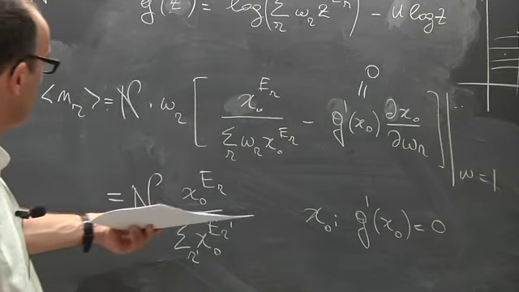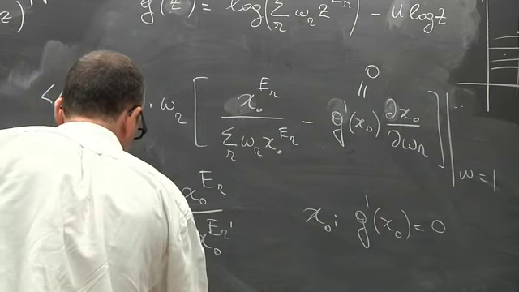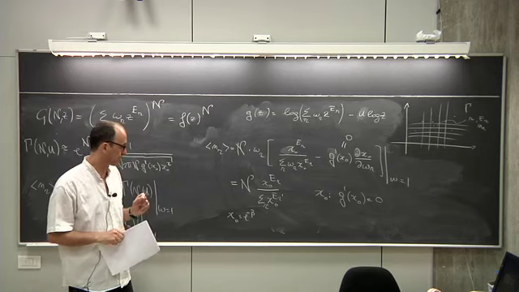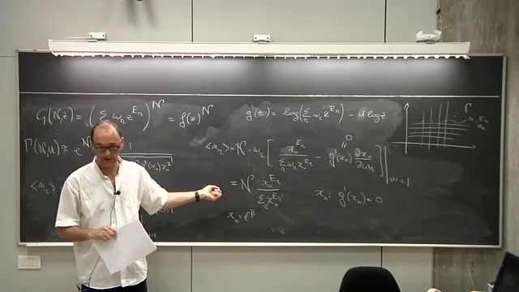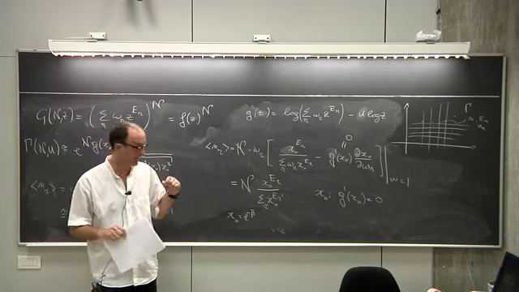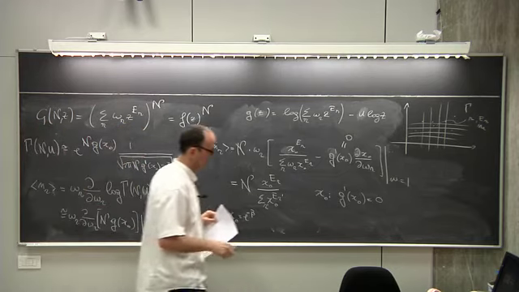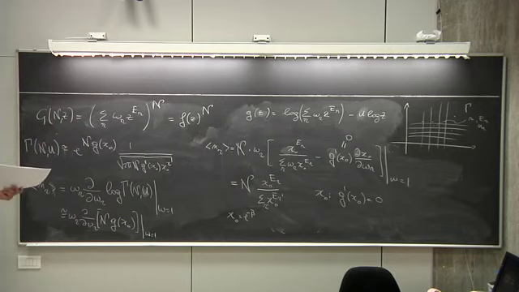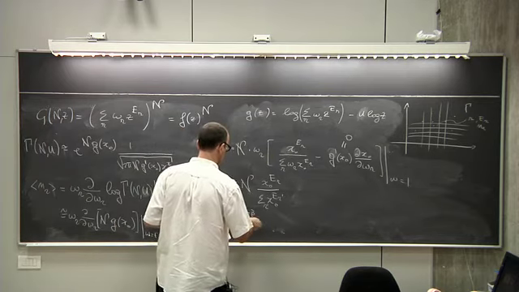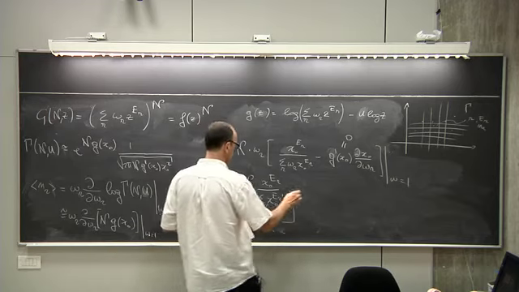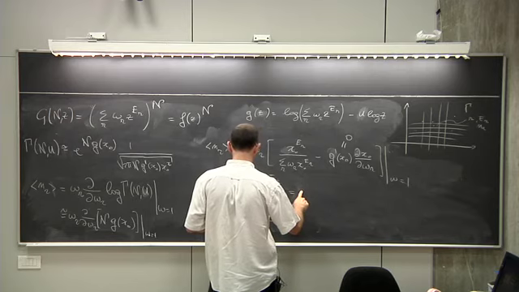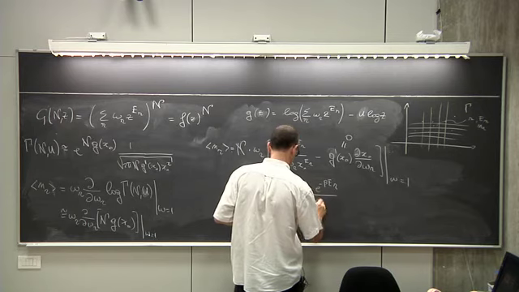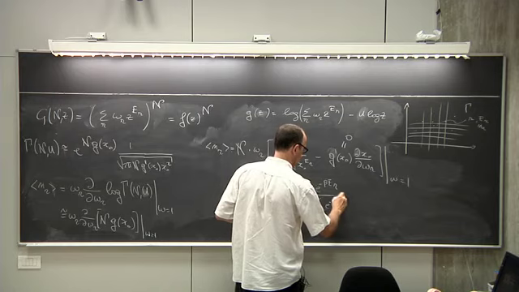So you see now, if I call x naught equal to e to the minus beta, then this is n times e to the minus beta e r over the sum over r prime of e to the minus beta e r prime. This equation is equal to the one we derived previously for the Boltzmann canonical ensemble.